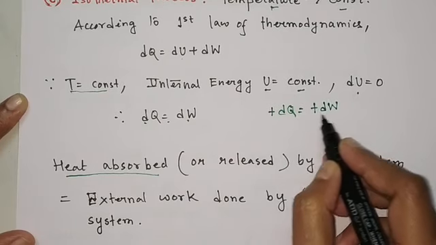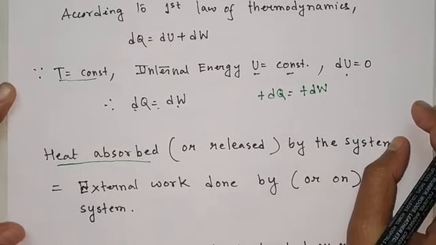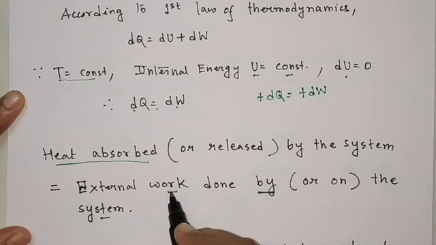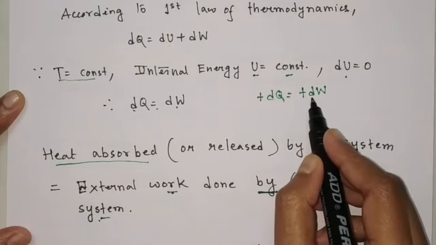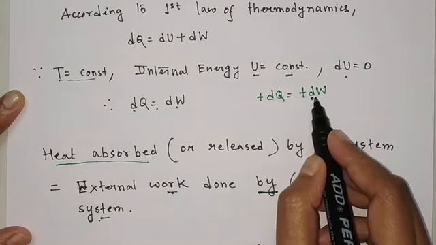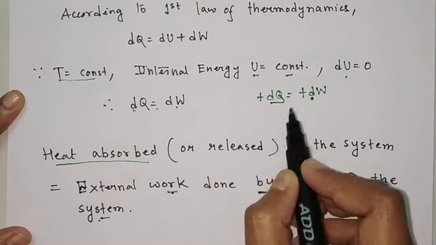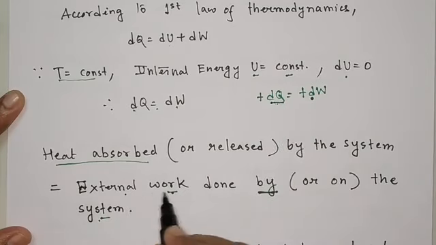So work done is positive, and we take work done to be positive if the work is done by the system. So for the isothermal process, if heat is absorbed by the system, it will be entirely used to do external work by the system.